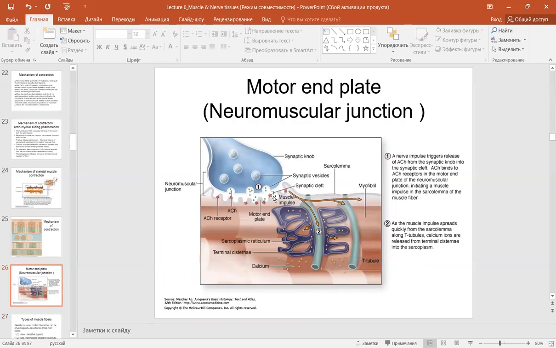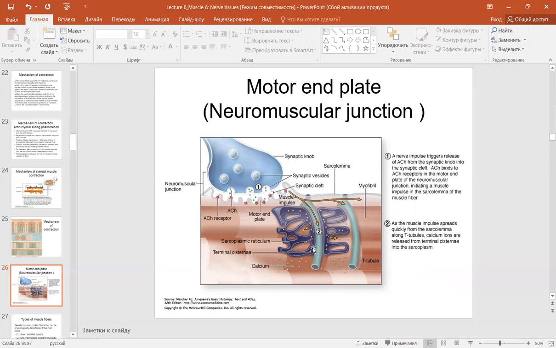Here the motor end plate, neuromuscular junction, showing you the so-called synaptic junction between the nerve terminal and the muscle fiber. The release of the neurotransmitter is leading to the transportation of electric charge, of electric contraction signal, to the tubulus transversum.